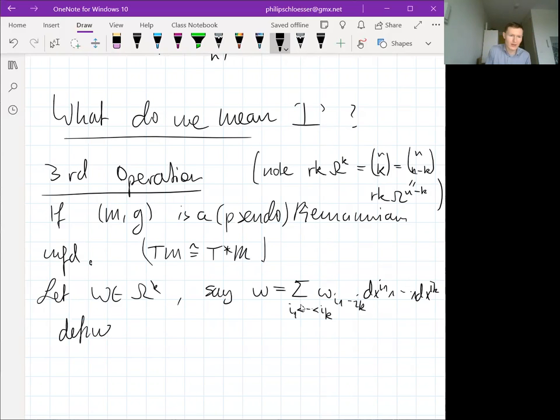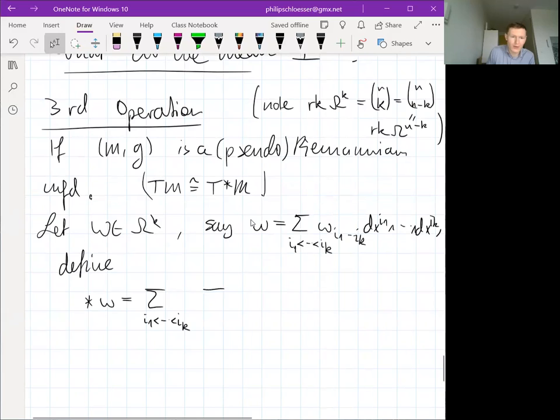Then we define star omega as that same sum, and now we're also taking additional indices, namely n many, and then we have some factor of the square root of the absolute value of the determinant of the metric.